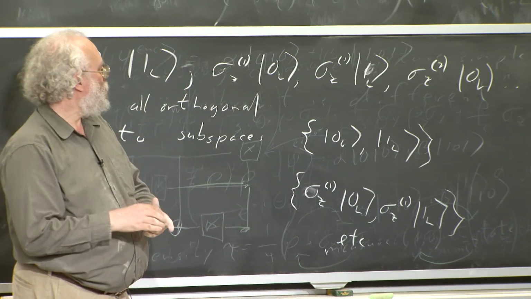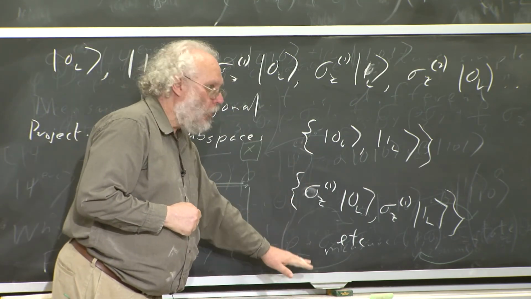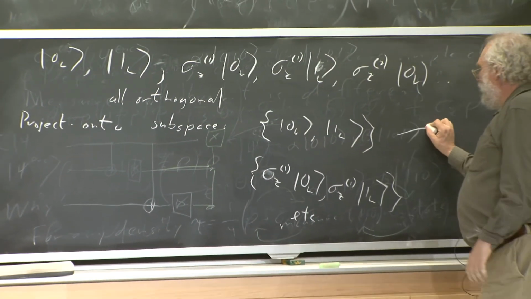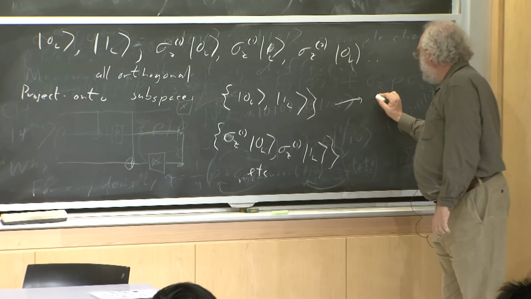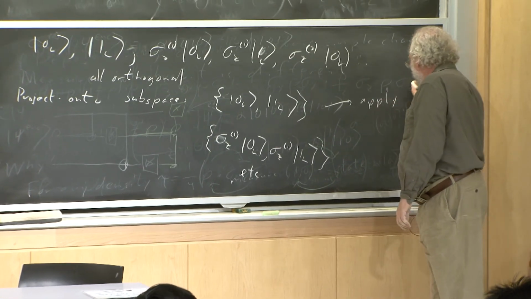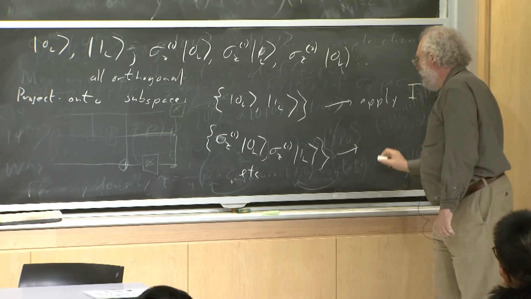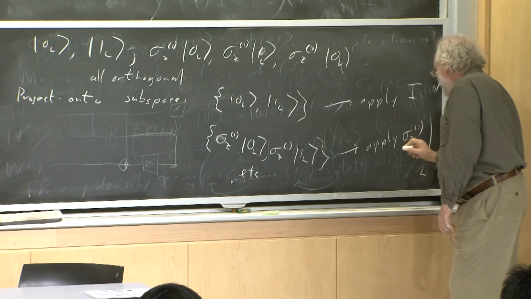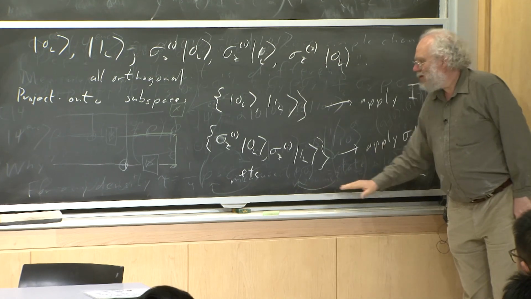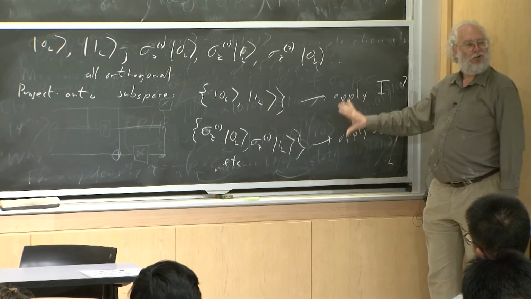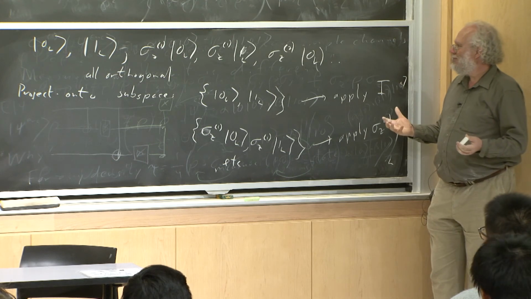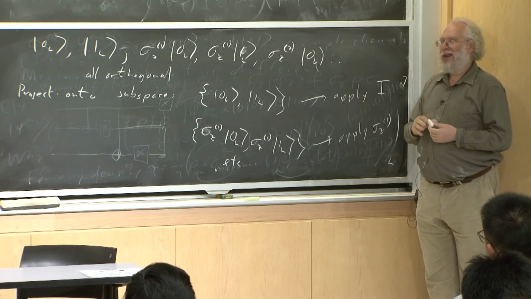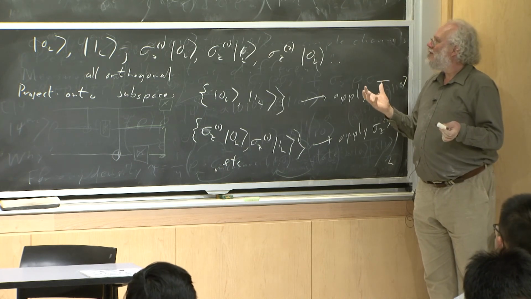So this is a measurement that projects a state onto one of these 4 subspaces. And in this case, if you get this subspace, you do nothing. If you get this subspace, you apply sigma z to the first qubit. If you get the next subspace, you apply sigma z to the second qubit, etc. So this shows you how to correct these errors.